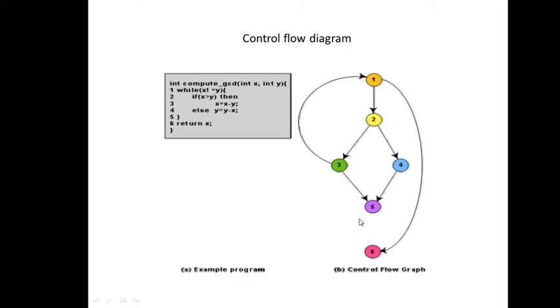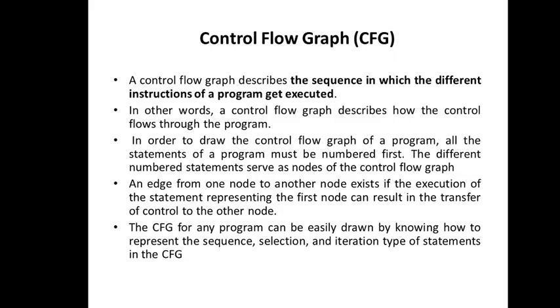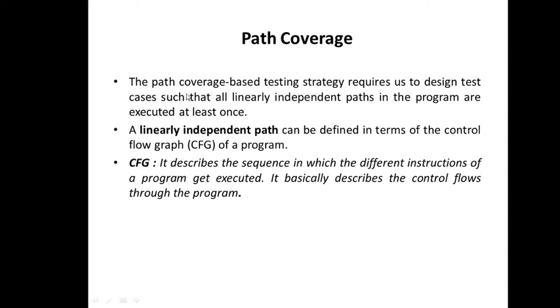If you have n paths, then n test cases are required to be developed. If n is infinite, then infinite test cases are needed, which is practically impossible. So instead of taking a path, we say linear independent path. We'll say that the number of linear independent paths is equivalent to the number of test cases.